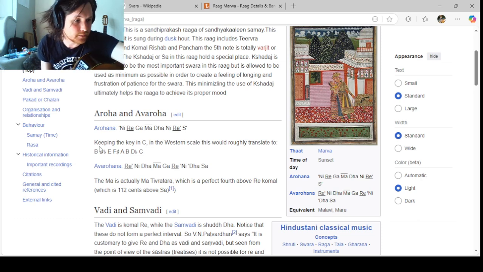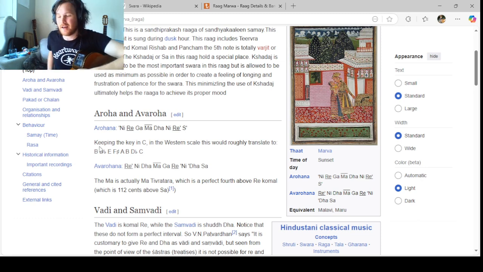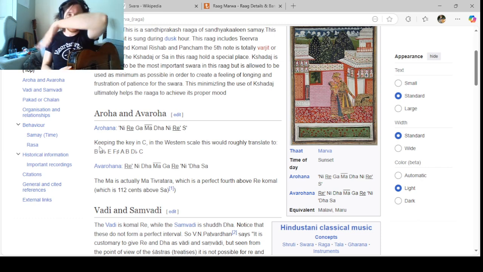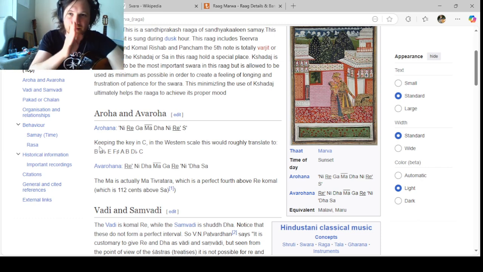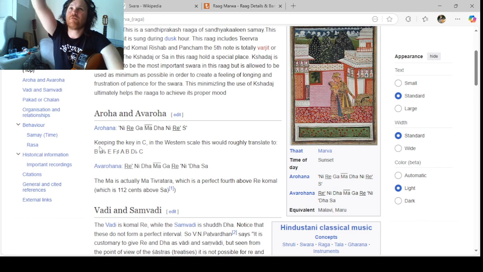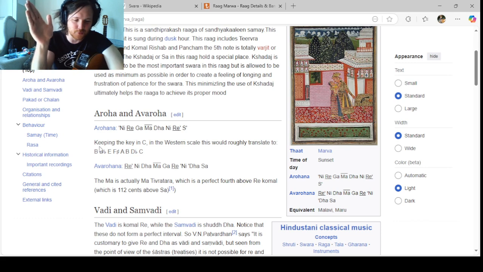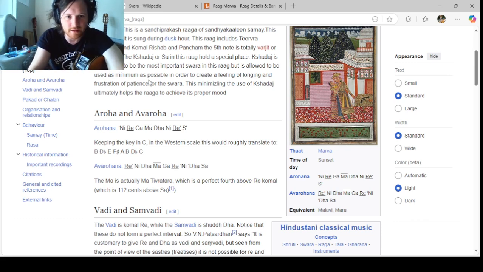And also, on the way up and the way down, they can have diversions. So it doesn't necessarily take a full unilateral direction upwards. Sometimes it dips down for one note and then goes back up, this kind of thing.